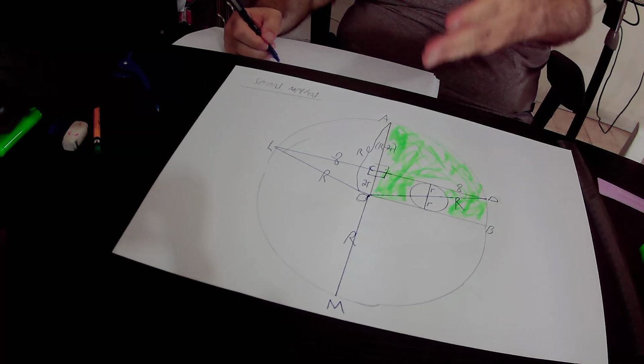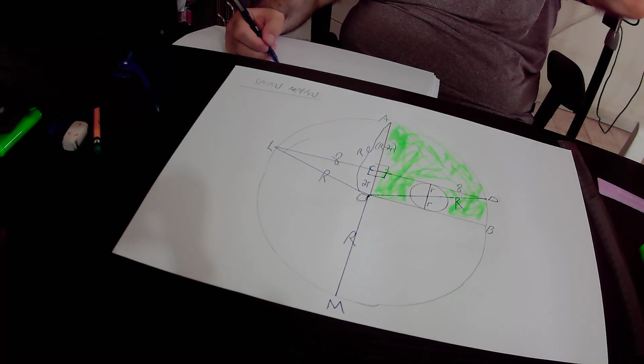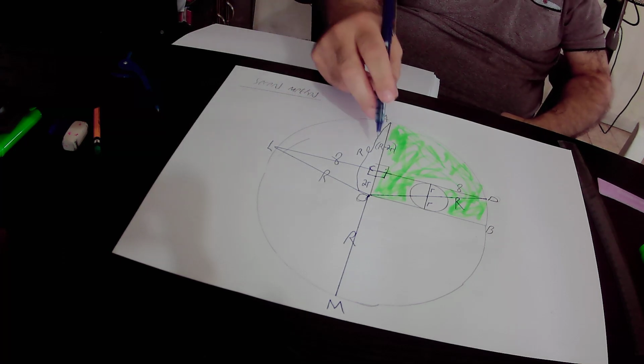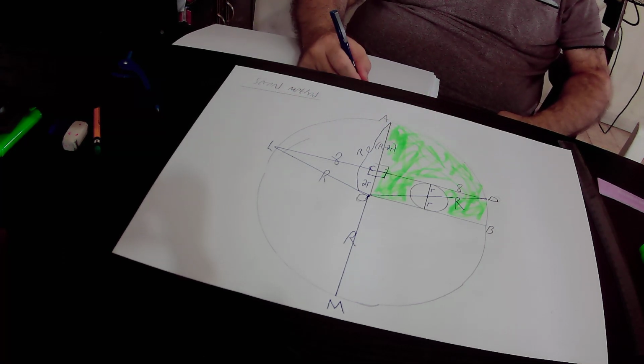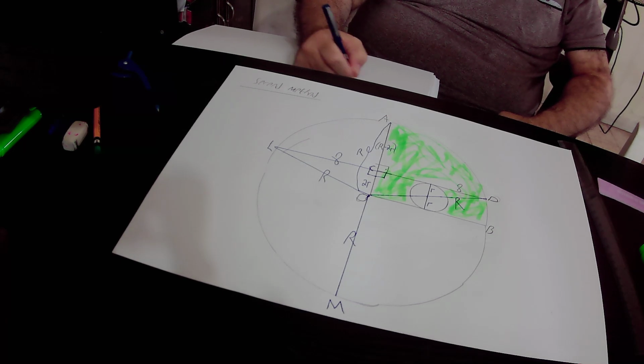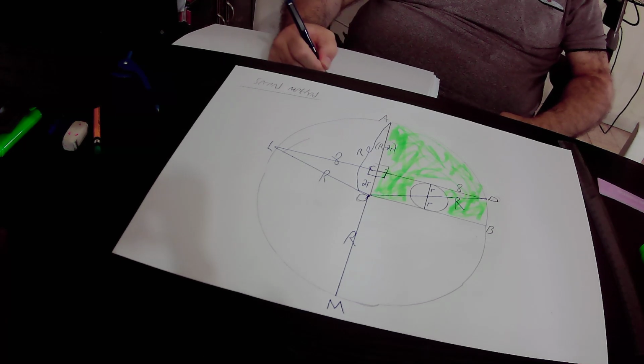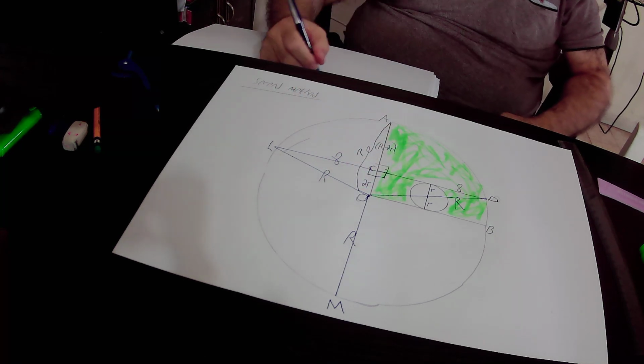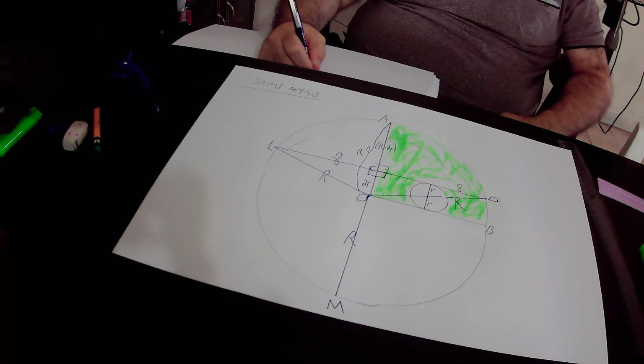That is to say, we can implement rule number 11 here, and according to rule number 11, we get that LC times CD is equal to AC times CM.